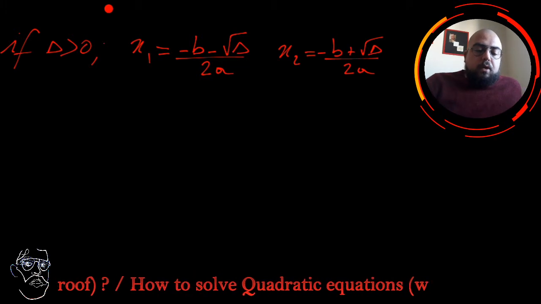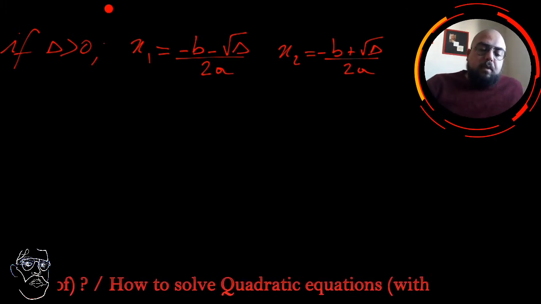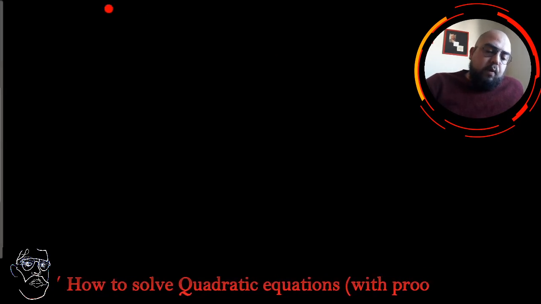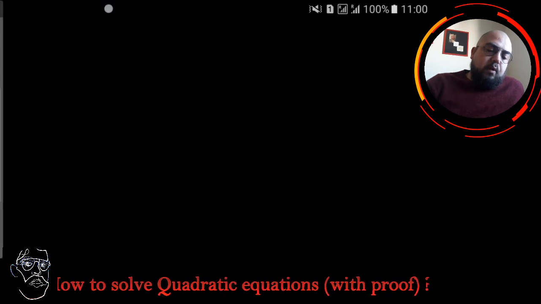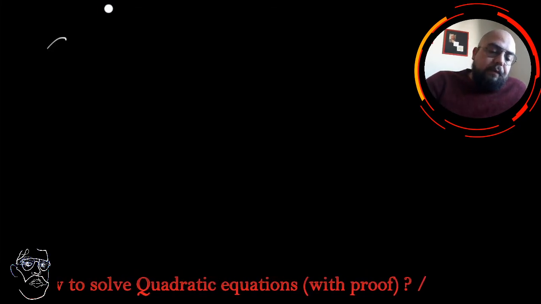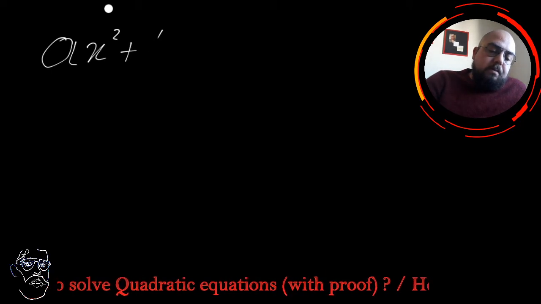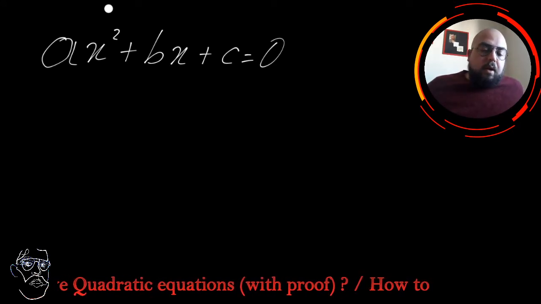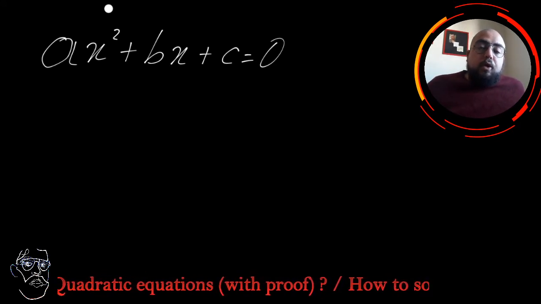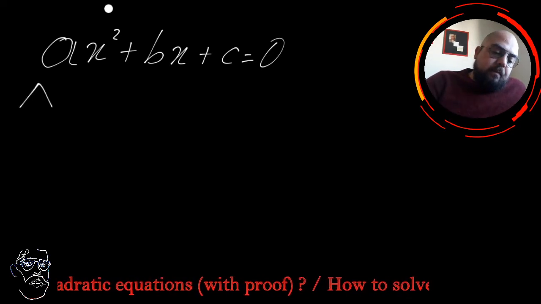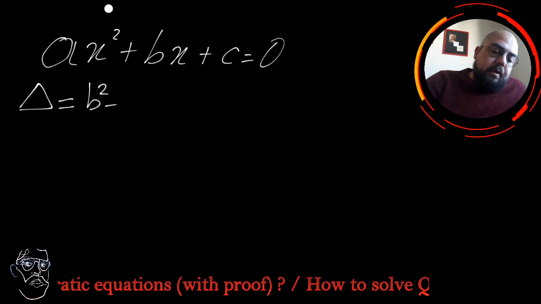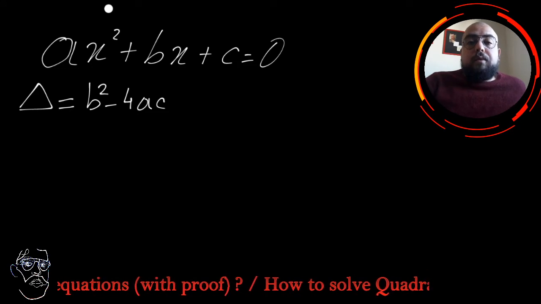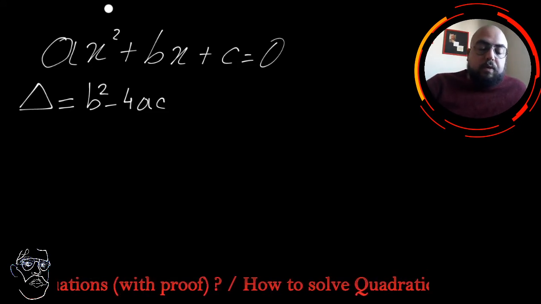All right. In order to summarize, whenever we have a quadratic equation in the complete form, ax² + bx + c = 0, you don't have to go through the steps that I did already in order to prove. You simply calculate delta, which is b² − 4ac. It's a discriminant which helps you find out about the existence or non-existence of your roots.